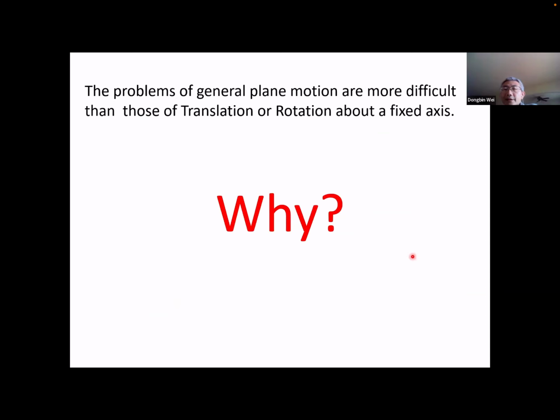Now, I mentioned the problems of general plane motion can be more difficult than those of translation or rotation about a fixed axis. But why?